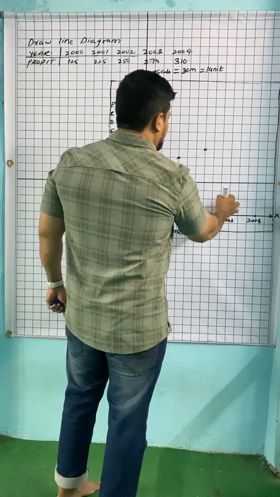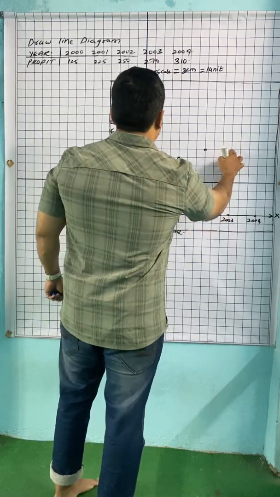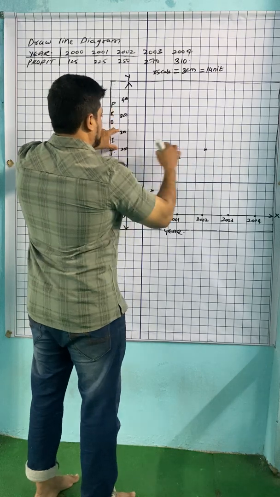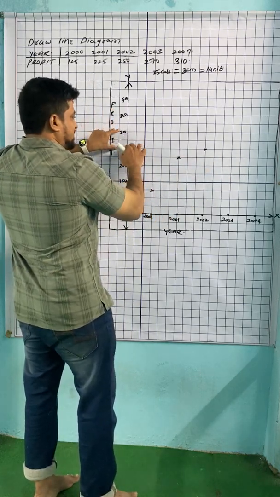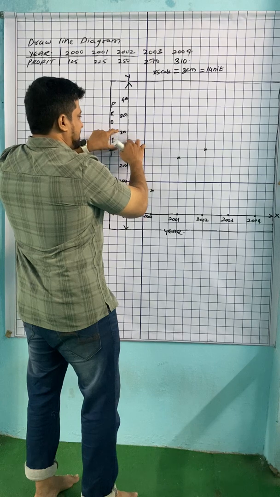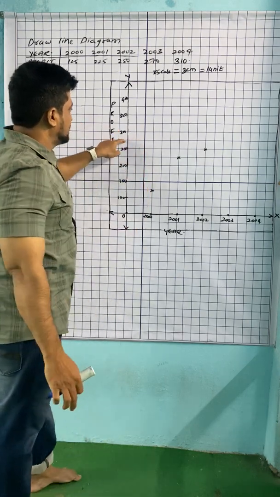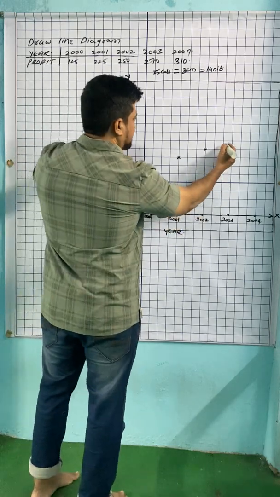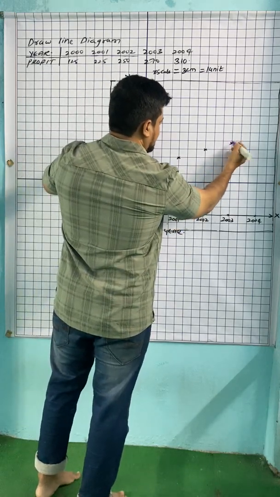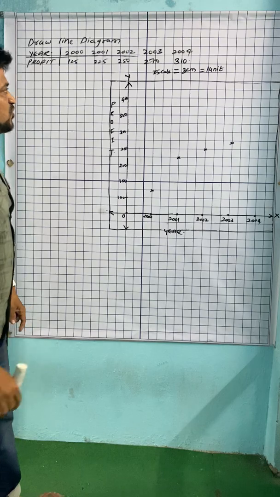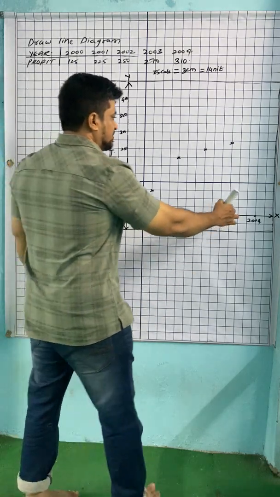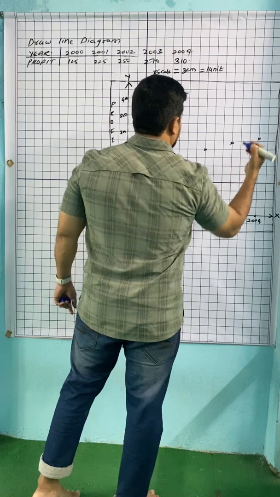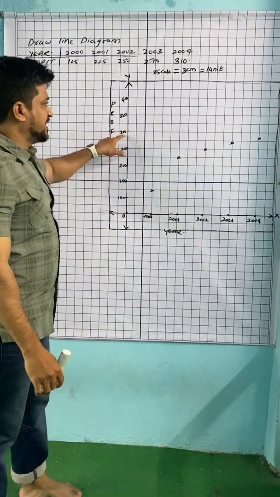Between 250 and 300, these are 20 lines actually. In the center, what is the value? 275. We need 270, somewhat here, at the bottom. Then 2004, 310. From 2004 to 310. 300, right?